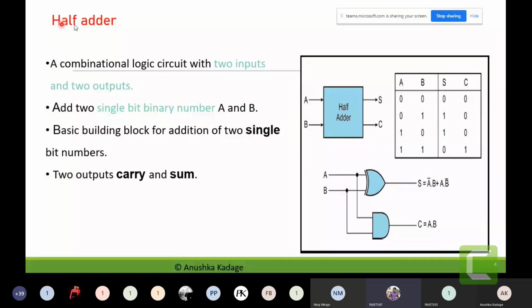So the aim of the half adder is the addition of two single-bit binary numbers. We are considering two numbers consisting of a single bit each. The first number we consider as A and the second number as B. Either its value will be 0 or its value will be 1, as presented in the table.